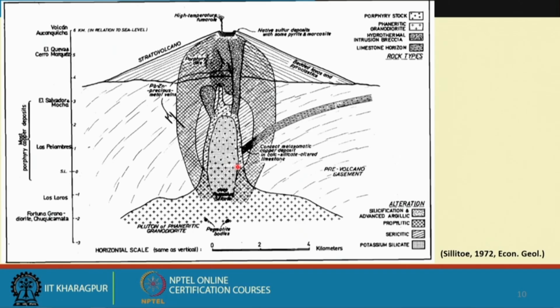With our understanding of the felsic system in general, and looking into the porphyry system in particular, this model was proposed long back.